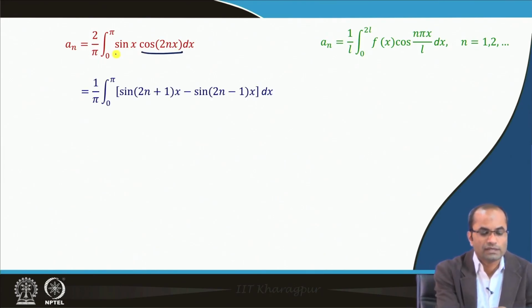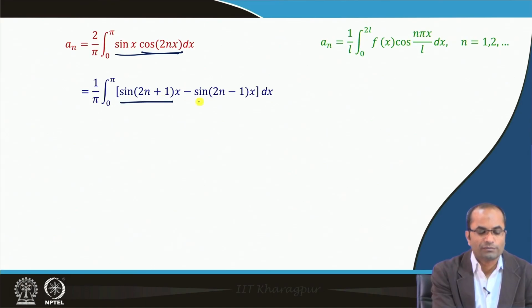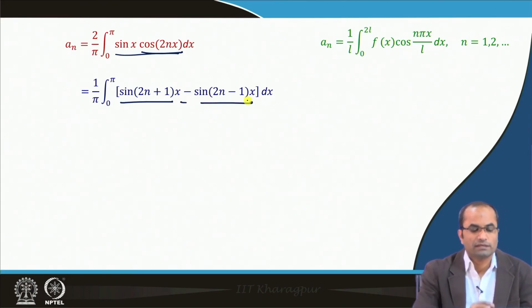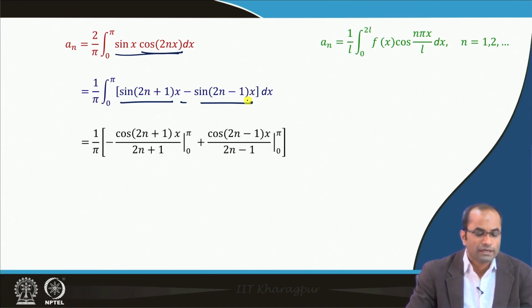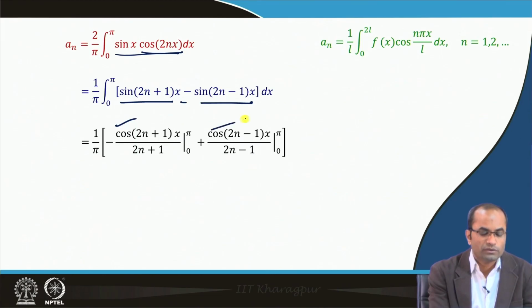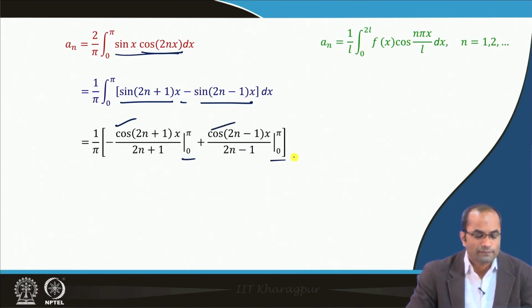So we will apply the 2 sin a cos b formula. The sum will come as sin of (2n plus 1)x, and the minus sign will come with sin of (2n minus 1)x. Then we can integrate it, having cos at both places, with limits 0 to pi.